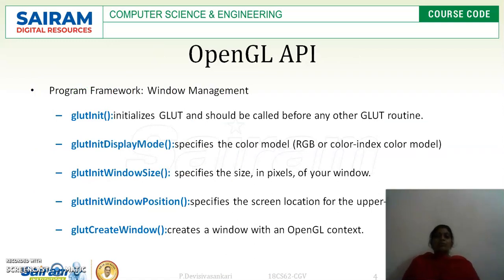Here, in the program framework, what are the window management API calls we are using? First we use glutInit, which is used to initialize GLUT, the utility toolkit library functions, and it should be called before any GLUT routine.